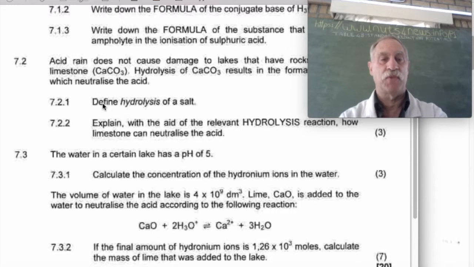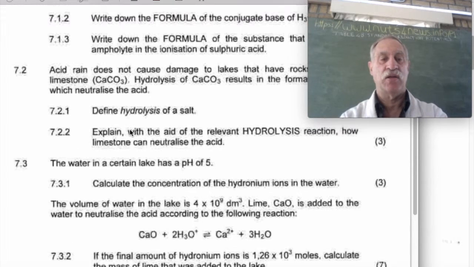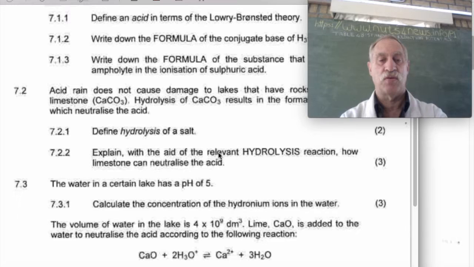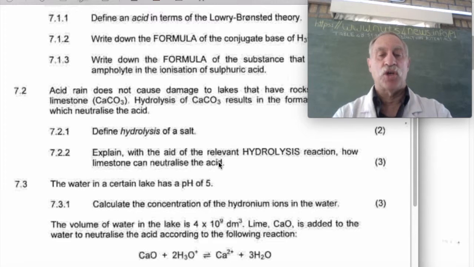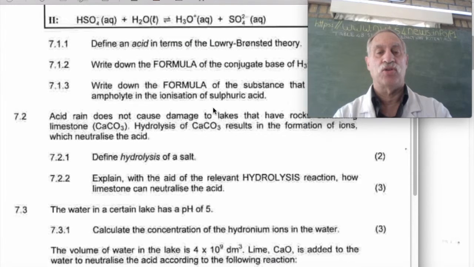It says here, define hydrolysis, explain with the aid of the relevant hydrolysis reaction how limestone can neutralize the acid. So you do want a reaction that contains limestone. Luckily, they give you calcium carbonate, and it's going to neutralize the acid.